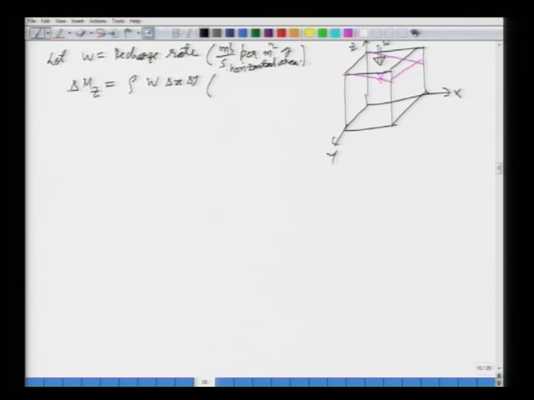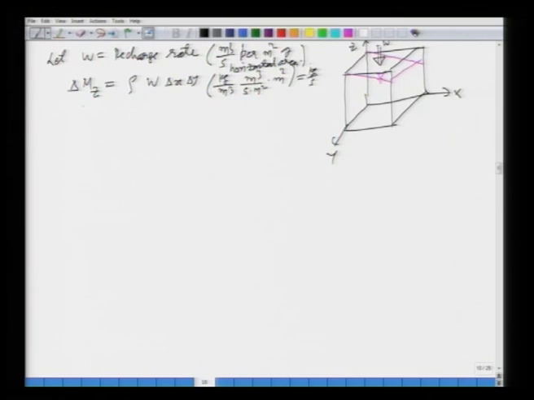If you look at the units, rho is kg per meter cubed, W is meter cube per second per meter square, and the area del x del y is meter square. Meter cubed will cancel, meter square will cancel, and the final unit will be kg per second. So, this is the mass flux taking place in the vertical direction.